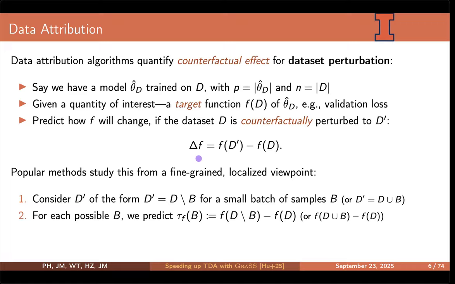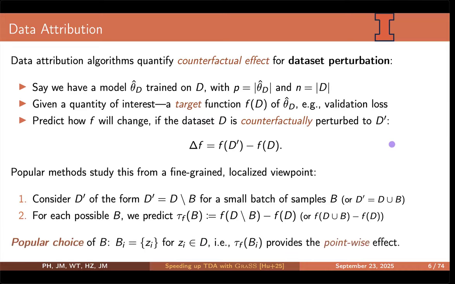For example, whether I need to filter out these samples or I should select these samples, right? Because we can observe how the validation loss will change based on our removal or addition of the subset. So a more popular choice of B is actually a singleton set. So we just consider what if we remove one data point or add one data point. So this will provide point-wise effect. So this is the problem setup.